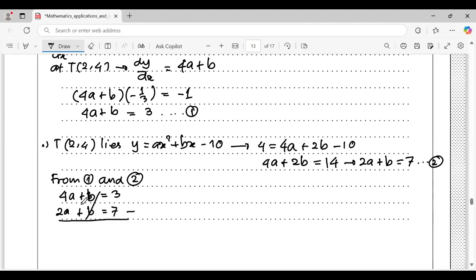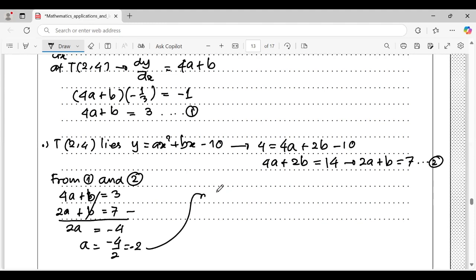Subtract, becomes minus 2a, because 4 minus 2. Eliminate b, and it is minus 4. 2a equal minus 4, so a equals minus 2.